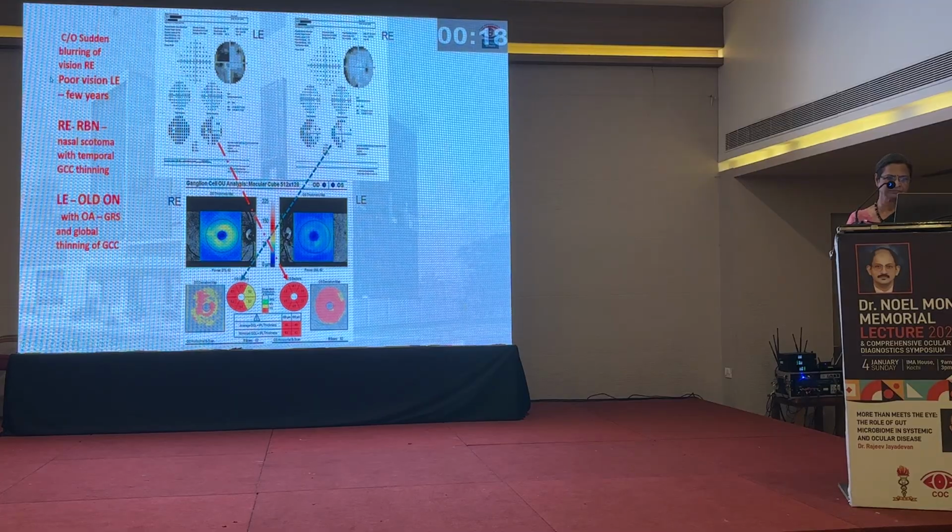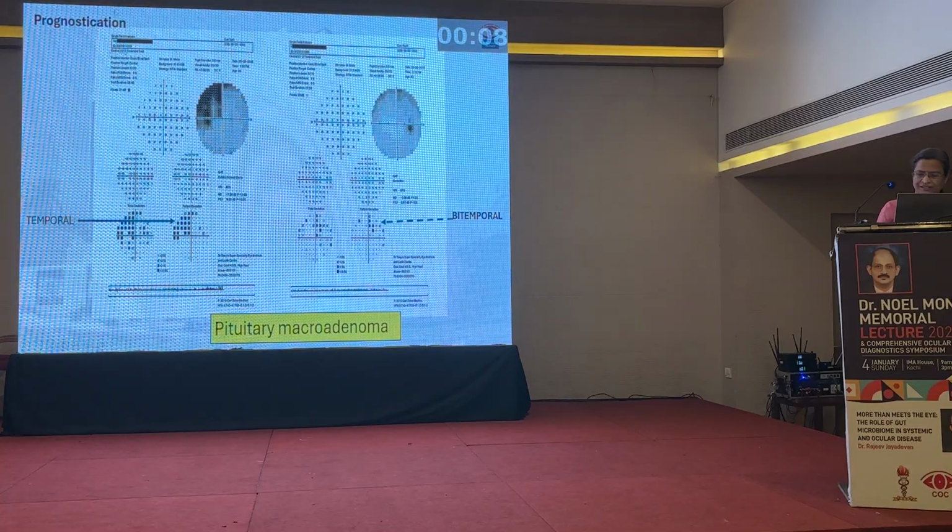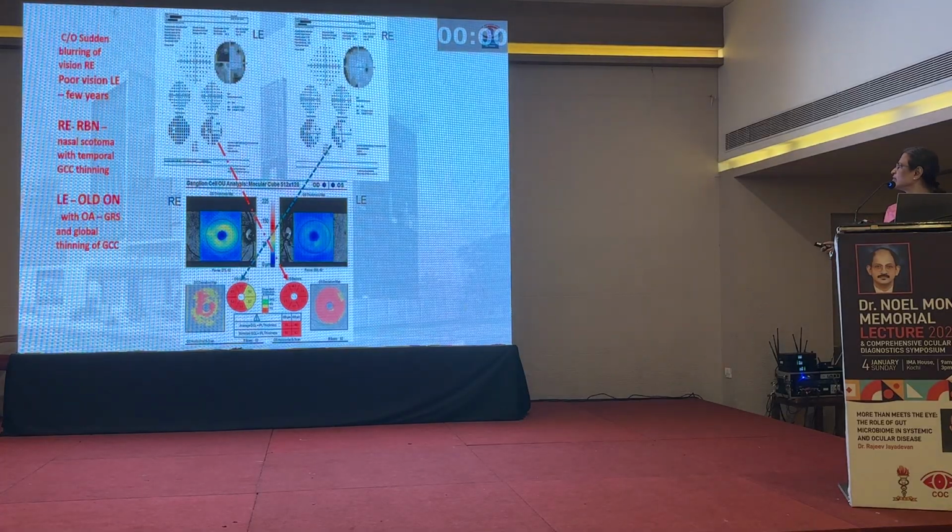The poorer vision eye, with old history of optic neuritis and optic atrophy, that is the left eye, is showing a general reduction in sensitivity and a global thinning of the GCC, and the right eye showing a nasal field defect and a temporal GCC thinning.